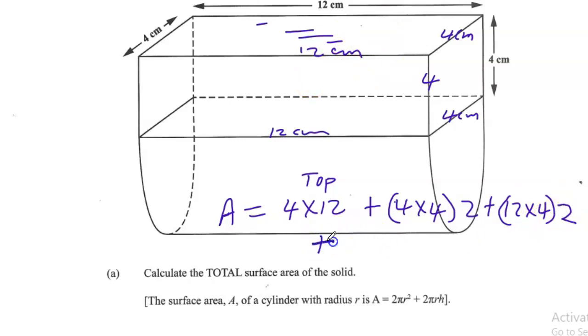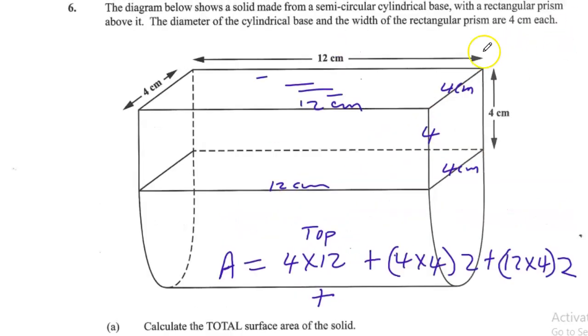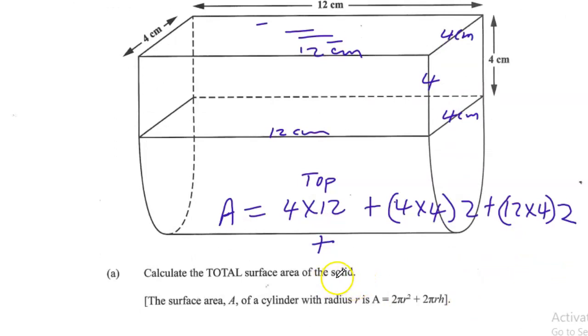Plus, we have just calculated the area for the rectangular prism part, right? So the cylindrical part now, the question gave us a formula.